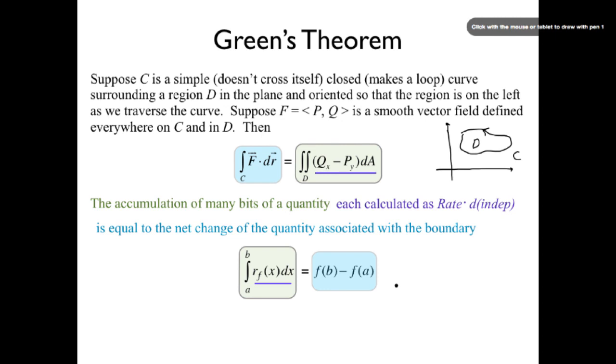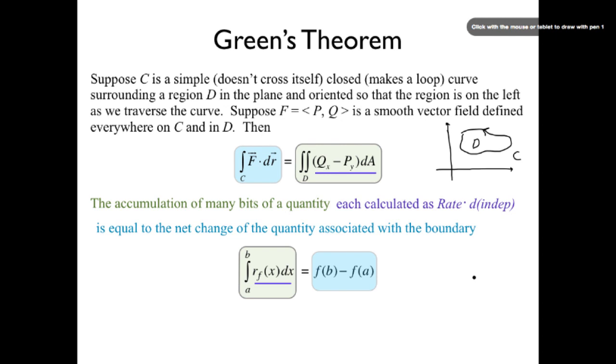So the colors don't show up as well on this screen, but just trying to give you this. So these are the 3 main things I want to focus on. That you've got the accumulation of many bits. That would be the double integral in Green's theorem and the single integral in the fundamental theorem. And each one of those bits is calculated as something of a rate of change, times a little change in your independent variable. And what's that equal to?